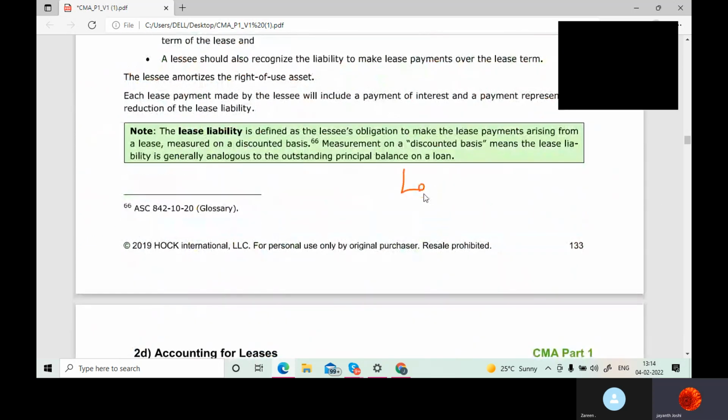So the option left for you is, of course, leasing the property. Now let's speak about lease. Lease is nothing but an agreement or a contract between two parties. One party is the lessor and the other party is the lessee. Lessor leases the property to lessee, and lessee takes the property from the lessor on lease for some consideration.